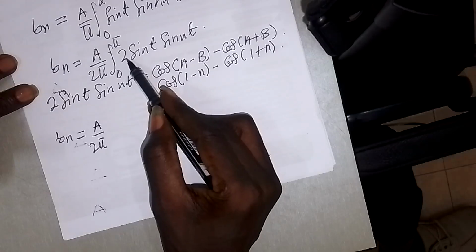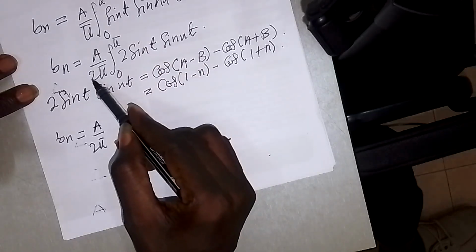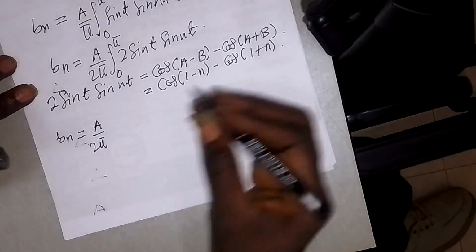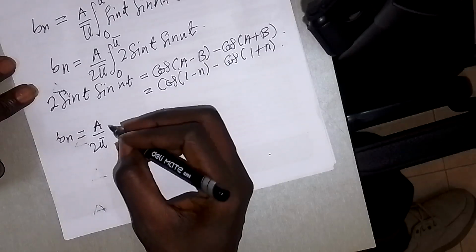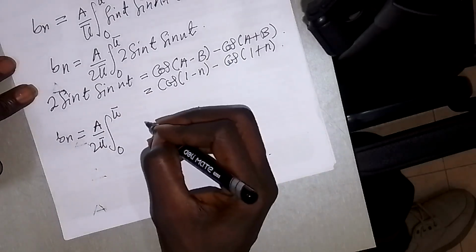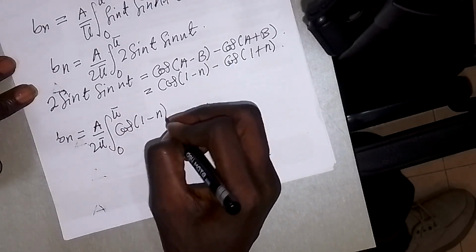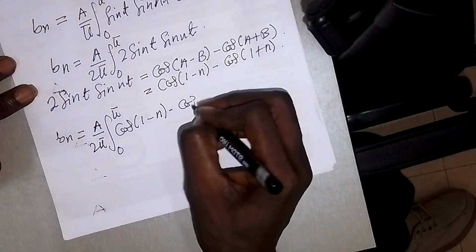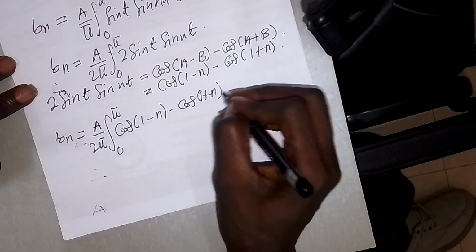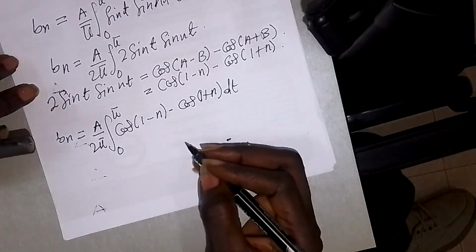It is because I multiplied here by 2, and see that here there's no 2, so I have to divide here by 2. That's the reason.